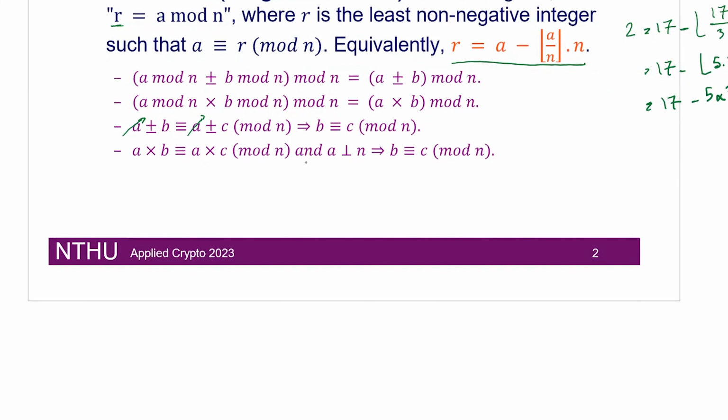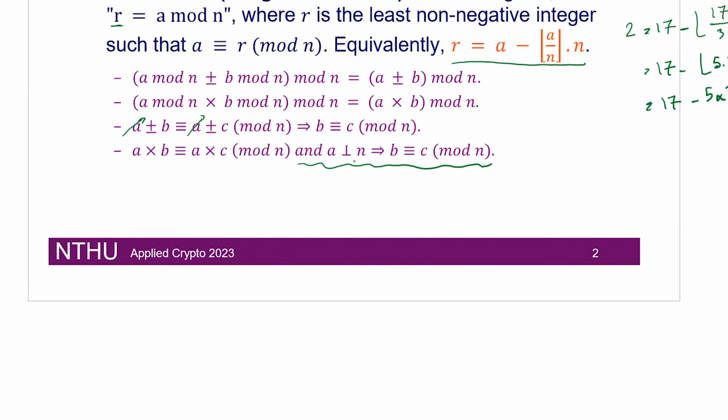But there is something you should always be careful about when we are talking about multiplication. The only time that we can cancel a constant from both sides of the equation is when this A is relatively prime to n. And the reason for that, soon we will practice.